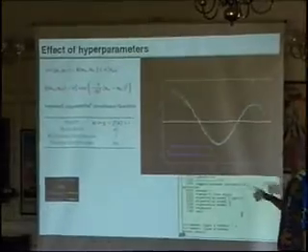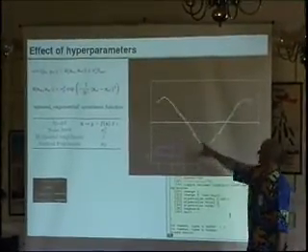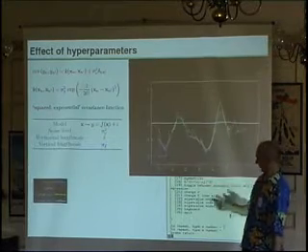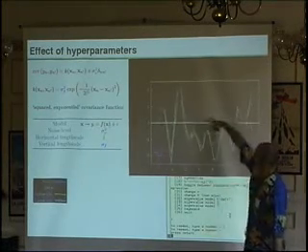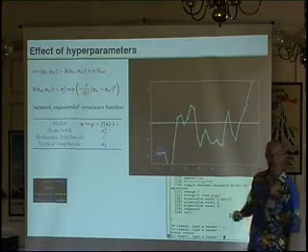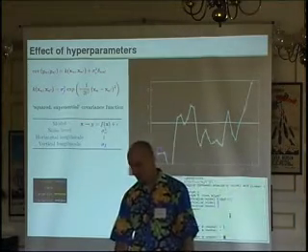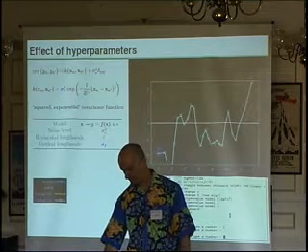And if R is really small, then we stop being sure about what's going on in this gap here, and we start thinking the function could be way up here, even though there are 2 points coming in. So our predictions are hugely sensitive to this hyperparameter, which is the name we give to all of these parameters.